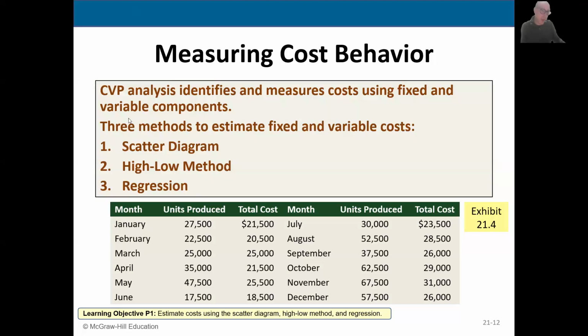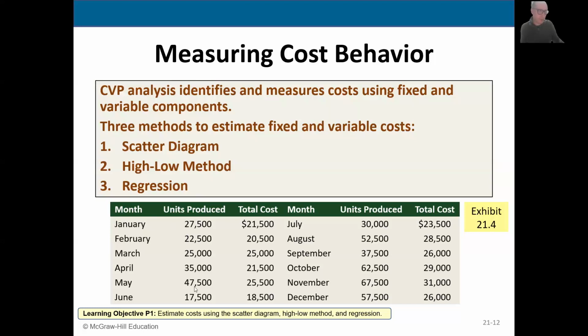Now, using a scatter diagram, I'm going to plot each month on a graph, or I'm sorry, a chart. And on this chart, you'll be able to see where each month falls as they relate to each other.